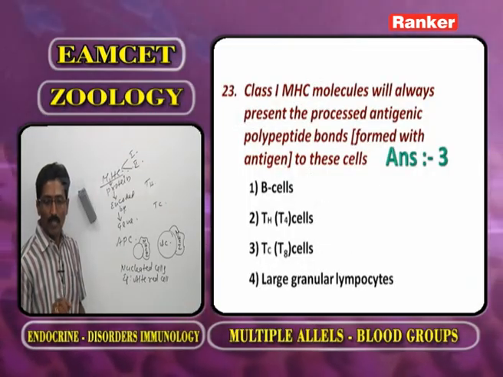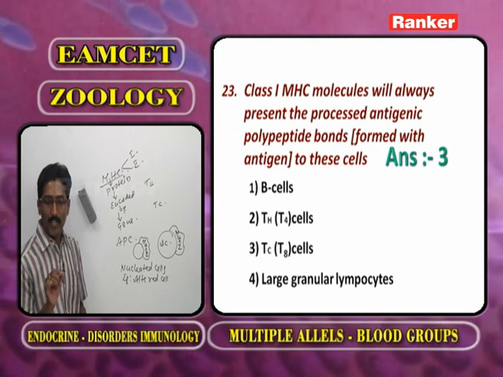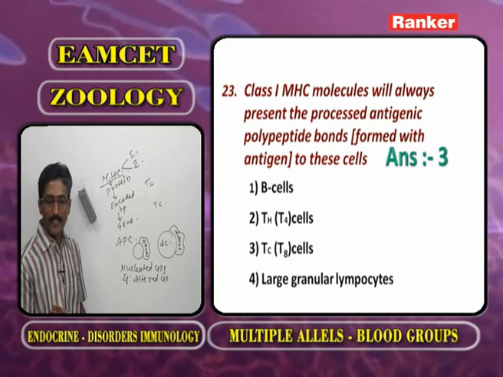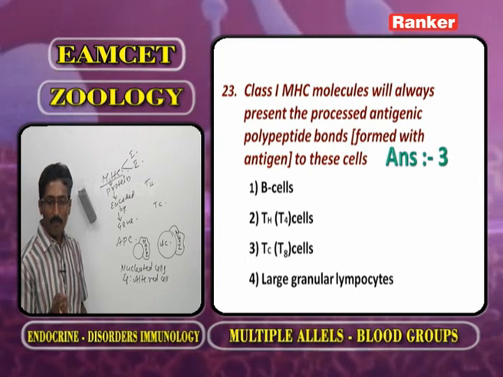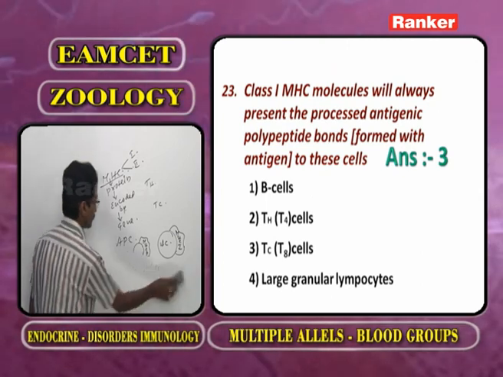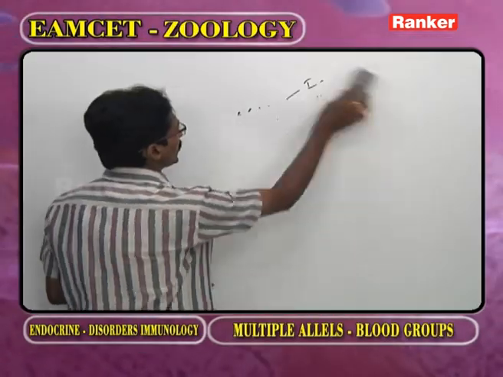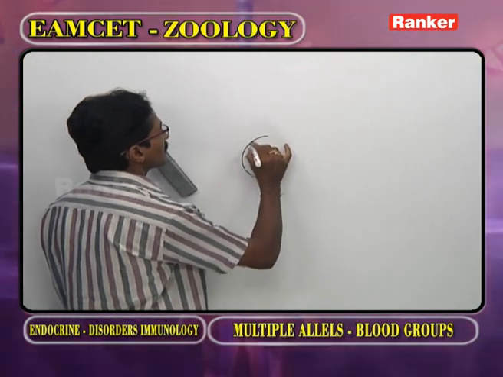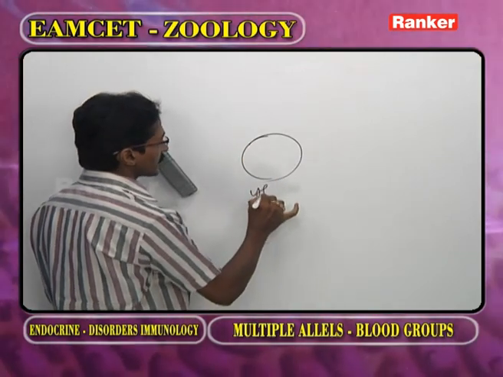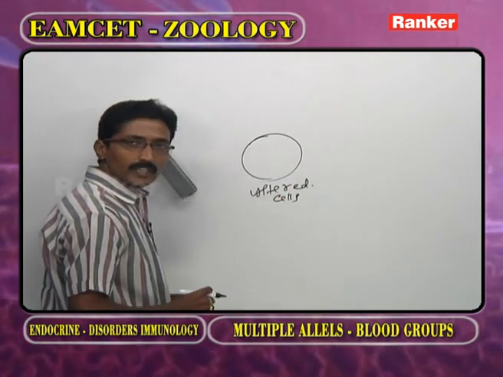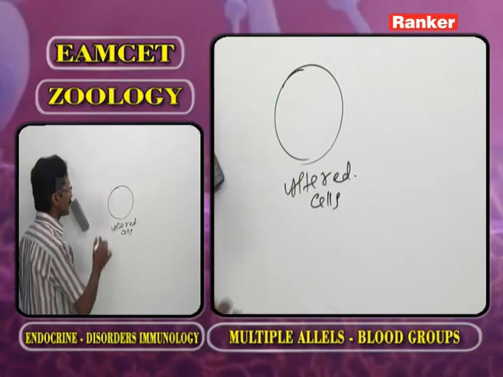MHC 1 molecules will always present the processed antigenic polypeptide bonds to these cells. Now, this is the altered cell. It is called the altered cell. It is present in our body.